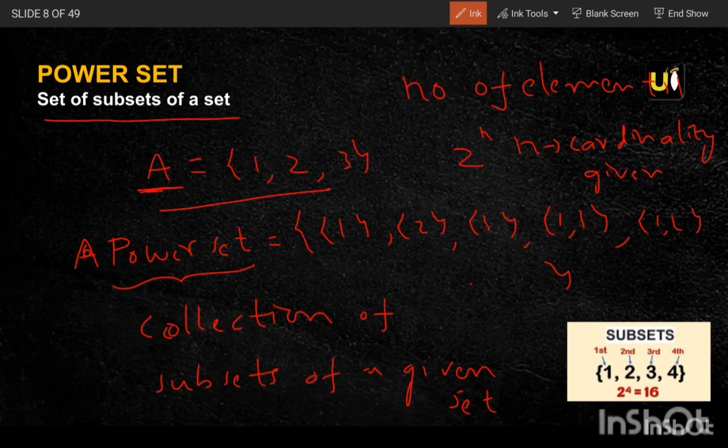For example, we are given a set containing elements 1, 2, 3. The cardinality of this set is 3. So the number of elements in this set's power set is 2 power 3. That means the power set will contain 8 elements.